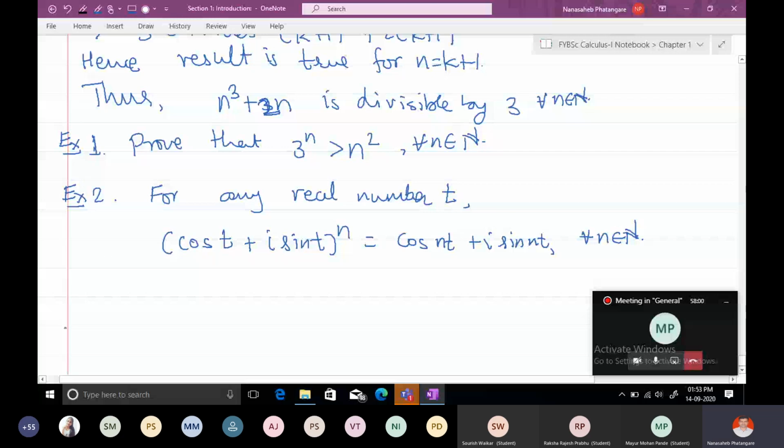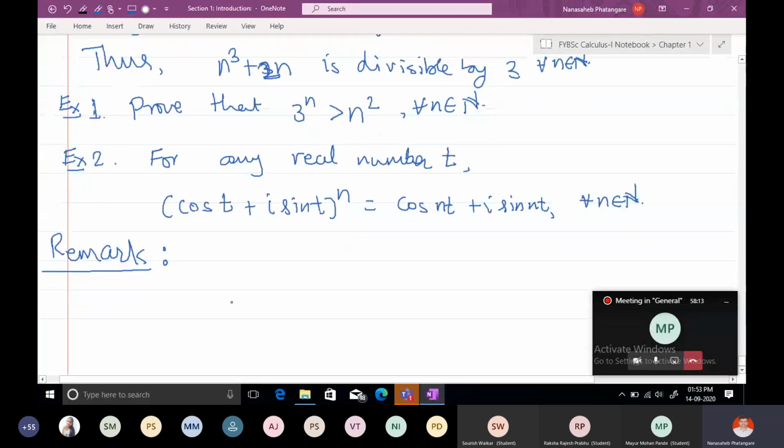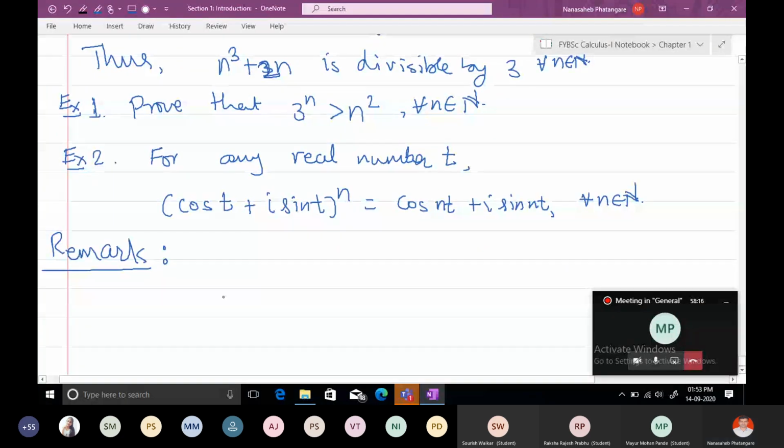Now sometimes our result is not necessarily true for n equal to 1, or it may not be true for n equal to 2, right? But it is true for all natural numbers after a certain n, right?